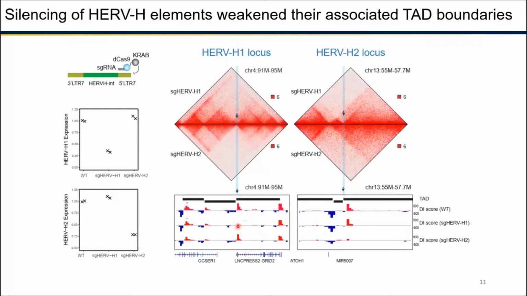So this data suggests that active transcription is necessary for HERV-H to form TAD boundaries.